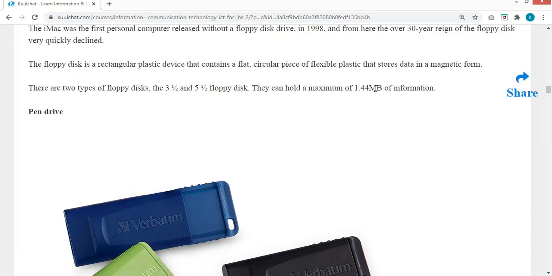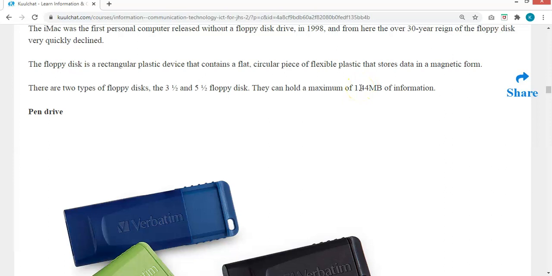Now one movie nowadays, a minimum of 1 hour movie, is more than 500 megabytes. So you can see that back in the days, a movie could not even be stored on the floppy disk because the capacity is very small.